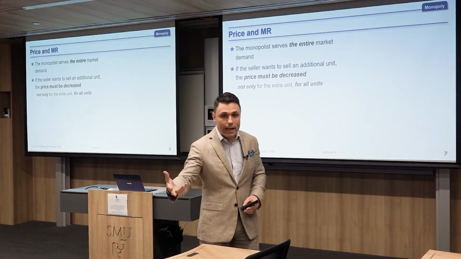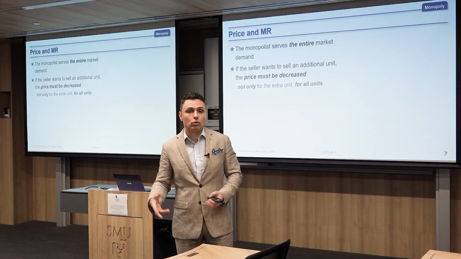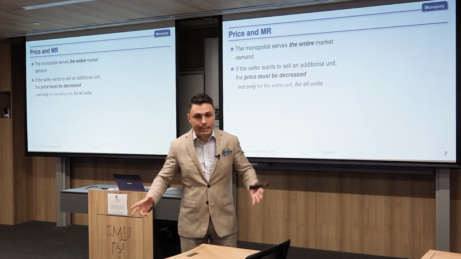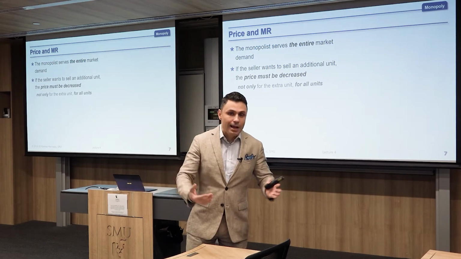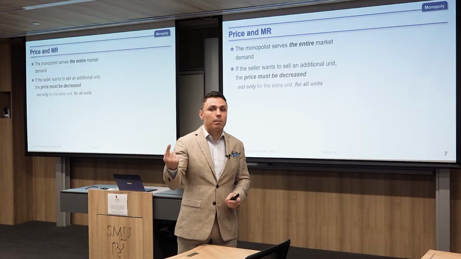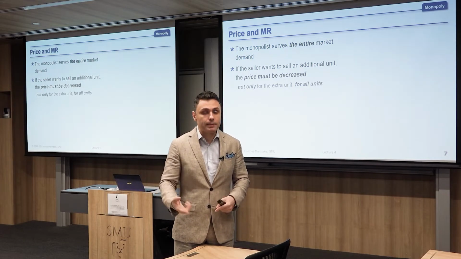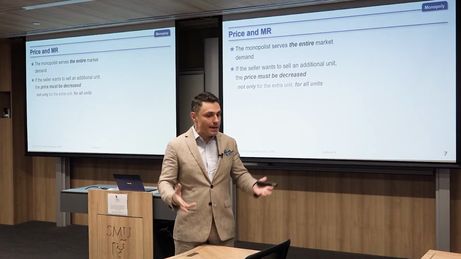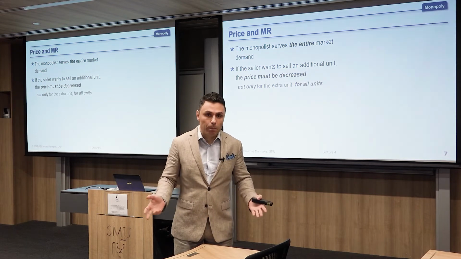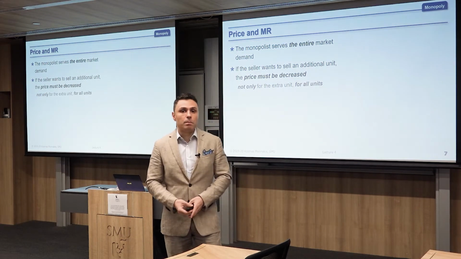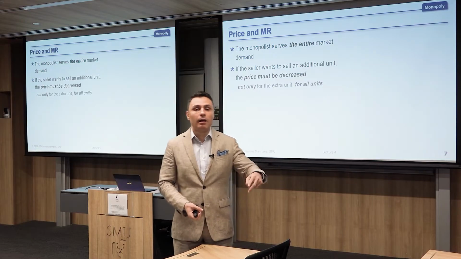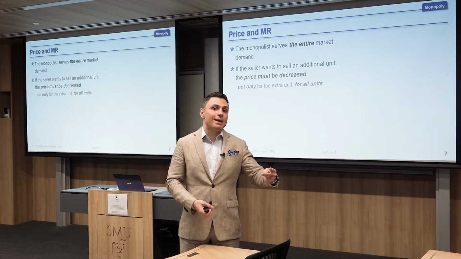The decrease in price will not be only for the extra units that you want to sell. It should be for all units, because here we assume that price is one variable. We don't have multiple prices. In many industries, there are multiple prices. There is a different price if you buy, let's say, the first pizza, and a different price for the second pizza.